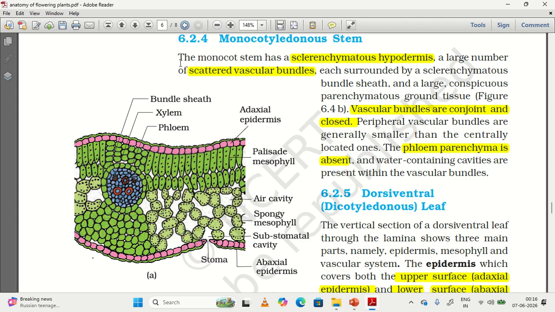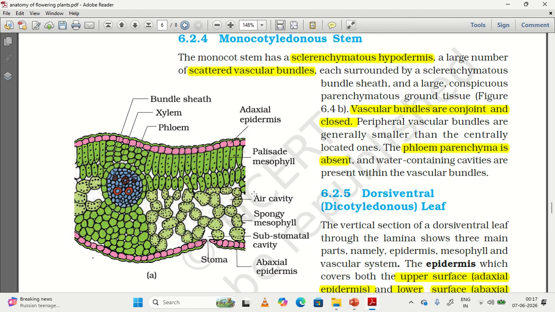In between the upper and lower epidermis, you will have the parenchymatous mesophyll cells with chloroplasts, which have the chlorophyll pigment, and this pigment helps in photosynthesis. It has two types of parenchyma cells. One is the palisade parenchyma cells, which are vertically elongated.